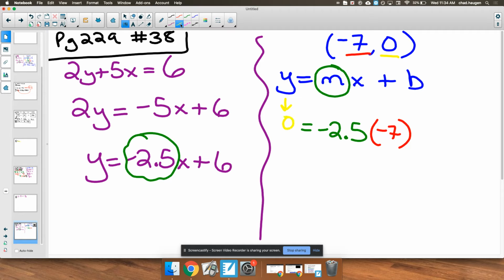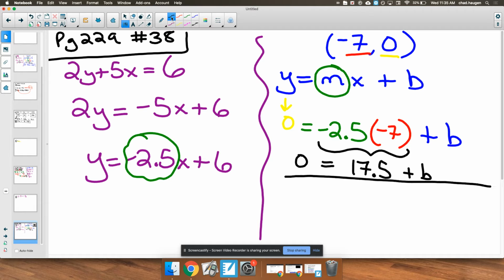So this becomes 0 equals negative 2.5 times negative 7, and then we still have this plus b in the background. And we just solve that, right? So here we got double negatives. That's going to be 2 times 7, 14. Half of 7 is 3.5. Add those together, 17.5. It's equal to 0, and we have a plus b.